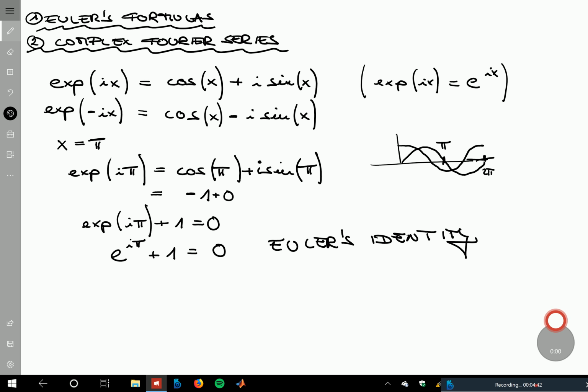So the surprise here in a way is that you have 3 fairly fundamental numbers in math: e, the exponential number or Euler's number, i, the complex unit, and pi, and they are all related and come out in this equation, which is just a specific case of Euler's formulas. So the bigger question is, why do Euler's formulas hold? And this is what I want to go over now. So essentially show a proof of why these Euler's formulas hold.